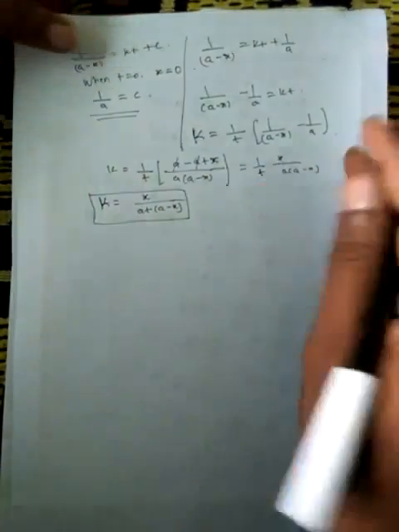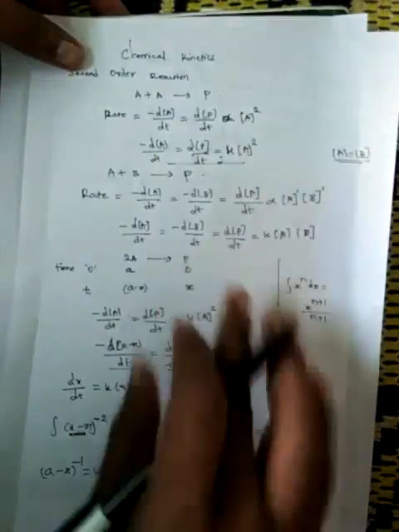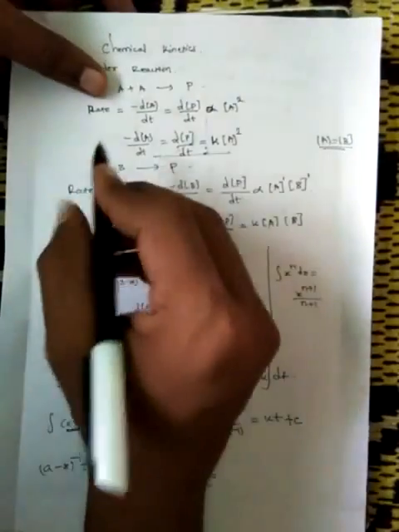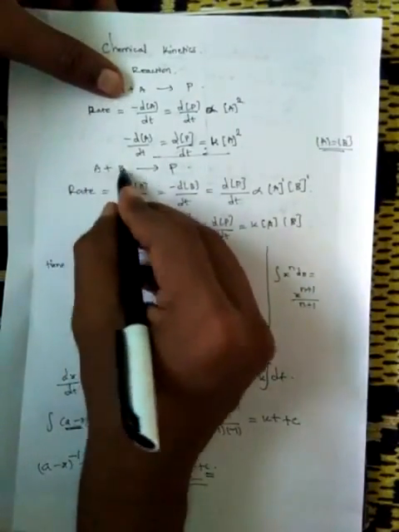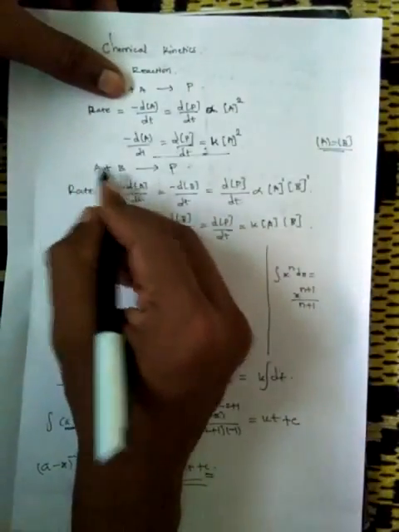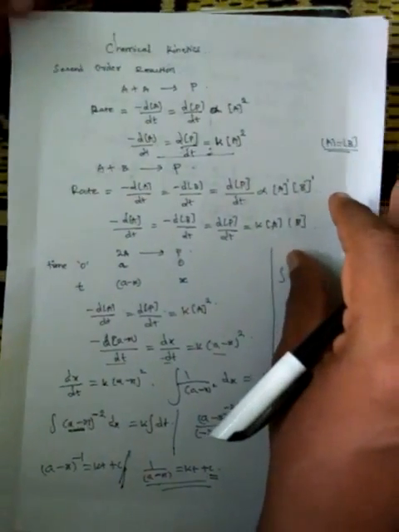When the second order reaction is of this type, or when you take the reactant concentrations the same, a and b should be taken at the same concentration to carry out the reaction.